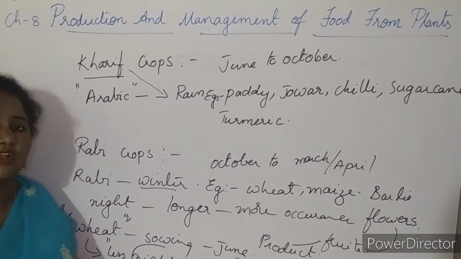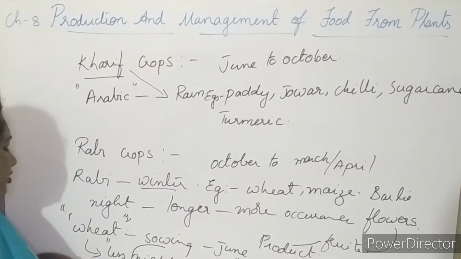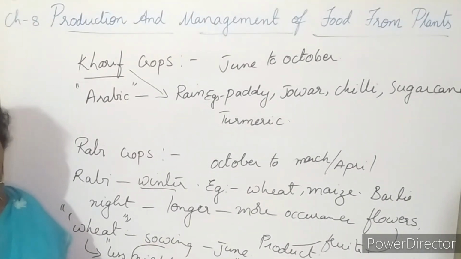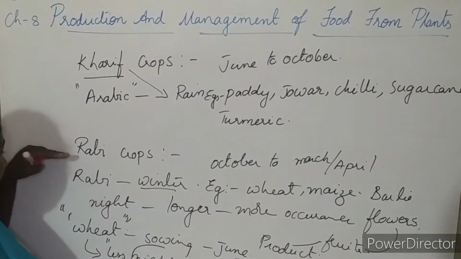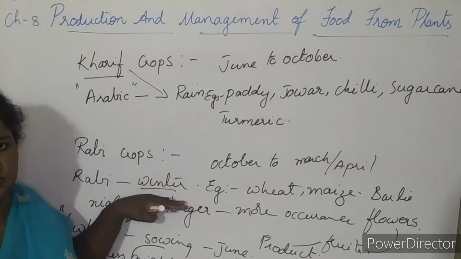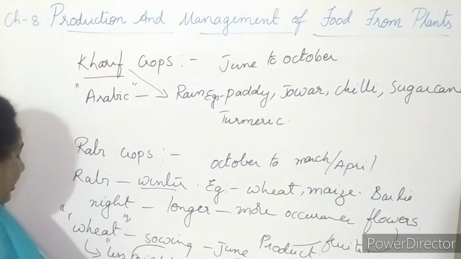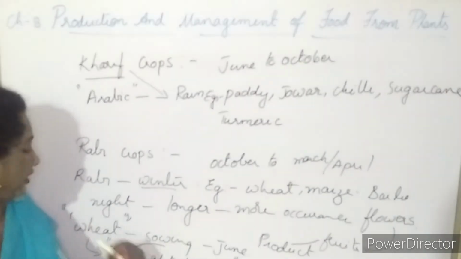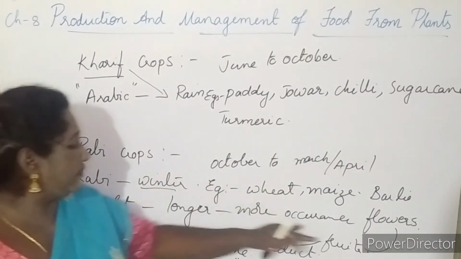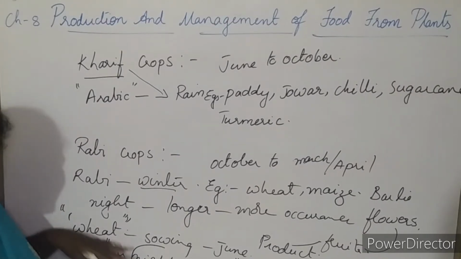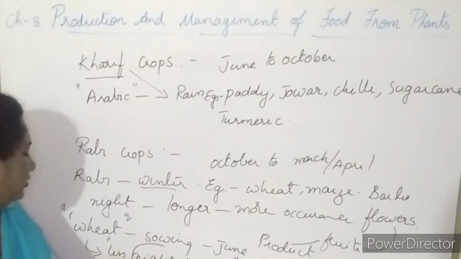The night duration goes on decreasing, and it is suitable for wheat to give more number of flowers. That is what the farmers have to keep in mind while sowing the seeds. So basically Rabi crops are grown in winter season, and some crops depend upon the duration of night. Some crops need longer nights, such as flowering plants, but some like wheat need less night duration.